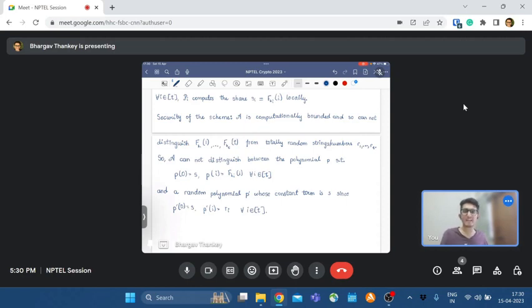So basically P is a pseudo-random polynomial, and what we have essentially done is implement the Shamir secret sharing scheme with a pseudo-random polynomial instead of a completely random polynomial. The thing is, since A is computationally bounded, it cannot distinguish between the two, right?